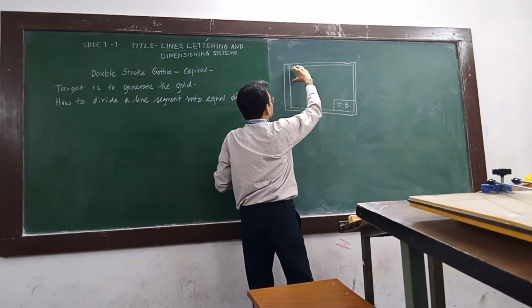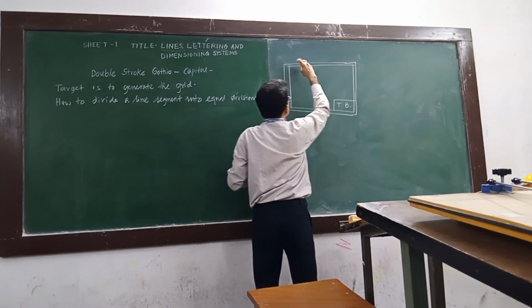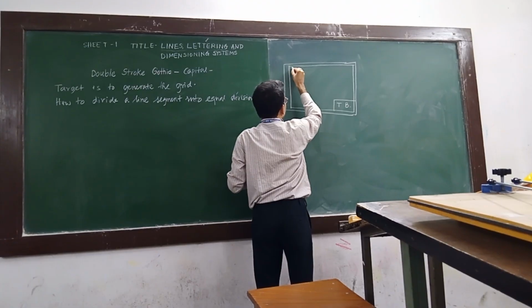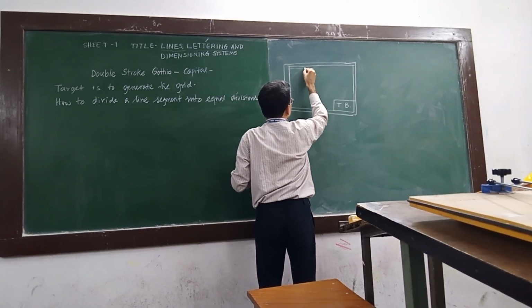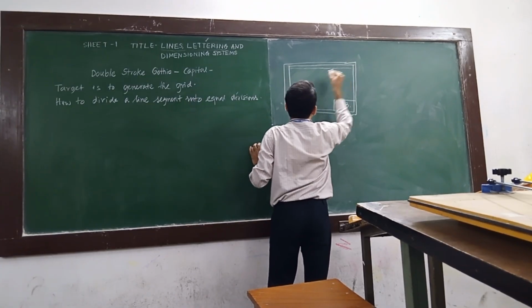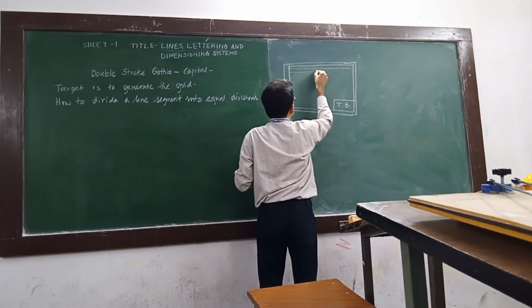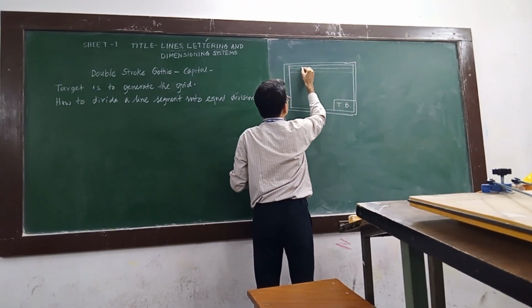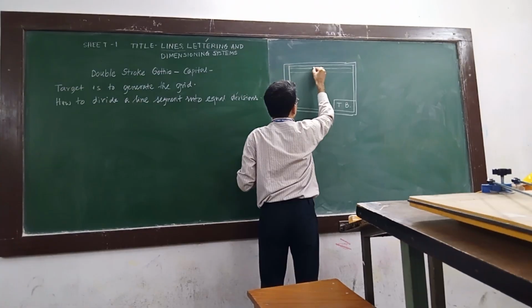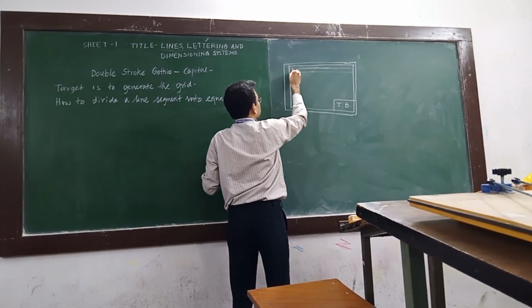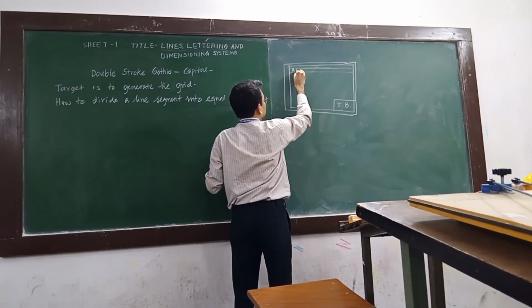So here you will draw the lettering. For example, from this you will leave about 20 mm. You will keep a gap of 20 mm. Then you will draw another line with an offset of 30 mm. Here you will write A, B, like that.